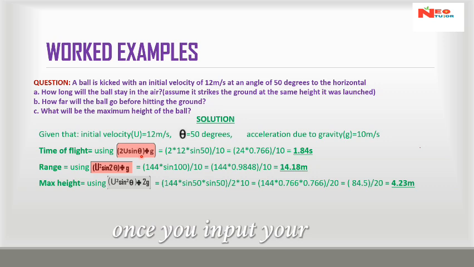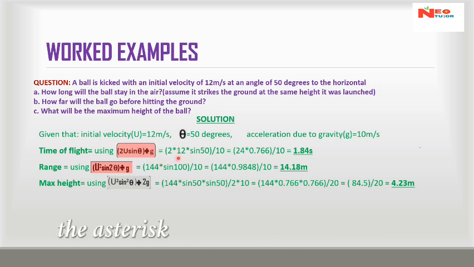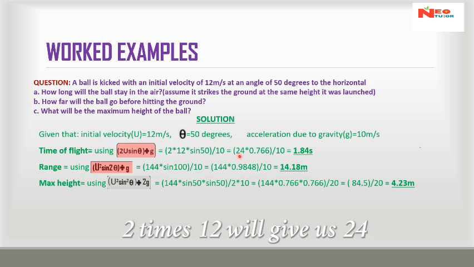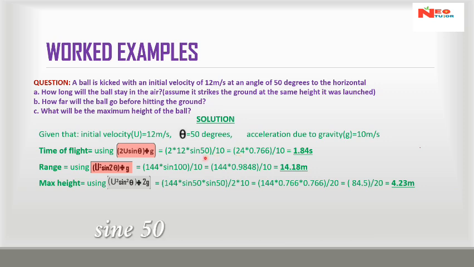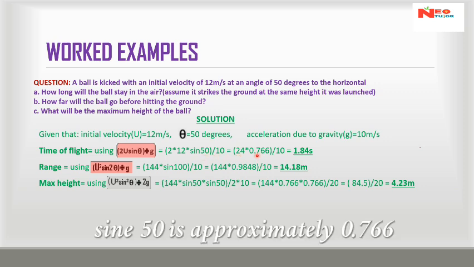Once you impute your values, where your u is 12, the asterisk here means multiplication, so 2 times 12 times sin 50. 2 times 12 will give us 24. Sin 50 is approximately 0.766.